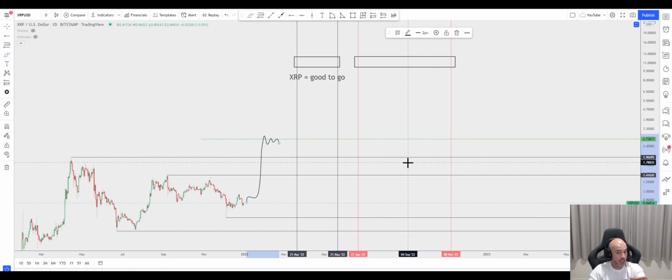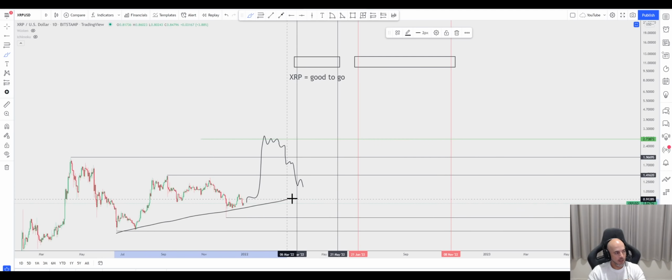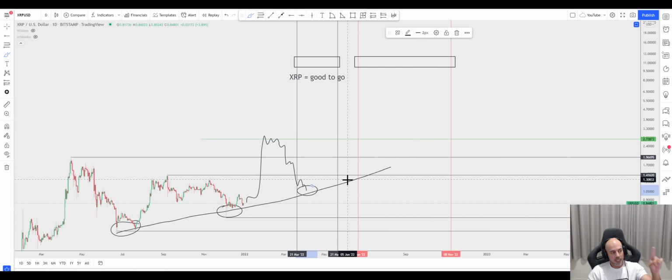Which is going to be a correction, not a catastrophic dump or a doomsday dump. So let's say XRP still doesn't have the clearance or a settlement, and then XRP follows Bitcoin, the stock market, and whatever, and then XRP ends up with a higher low, just for the sake of this example, right? And then XRP will be in the range of what?